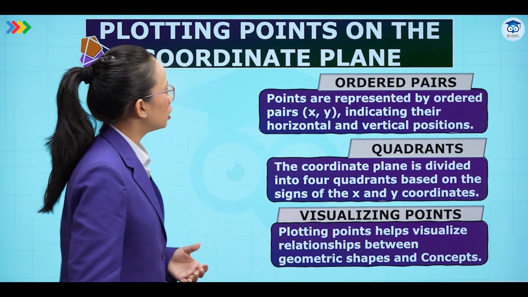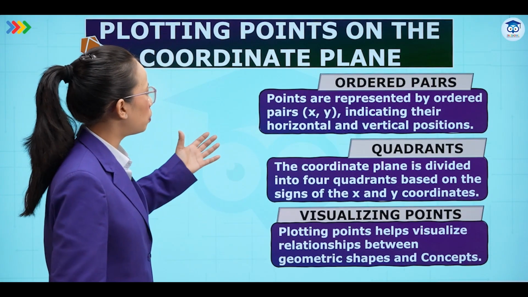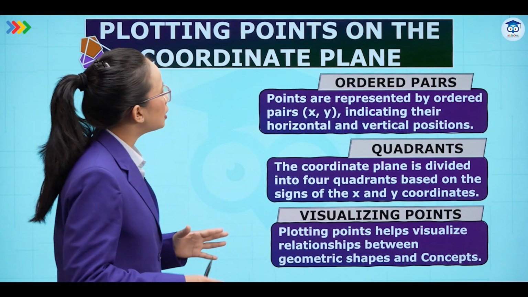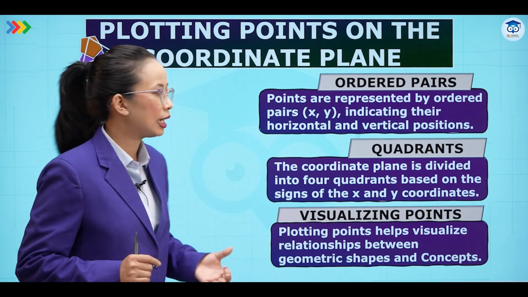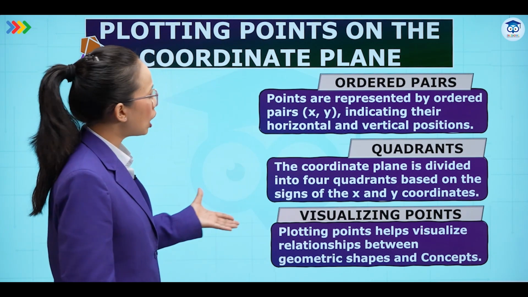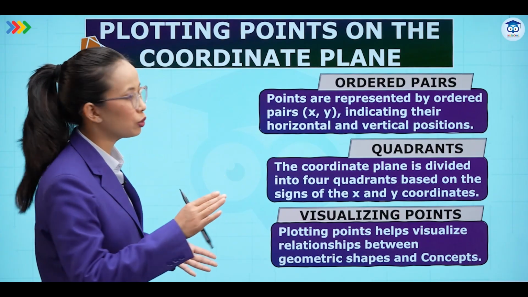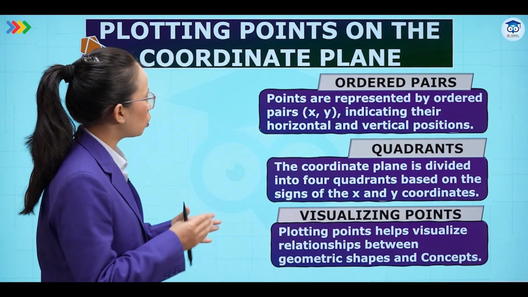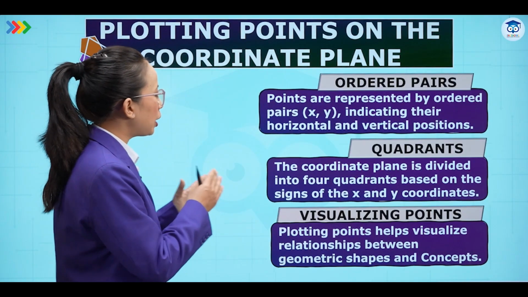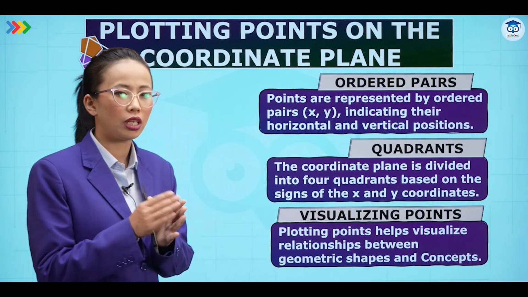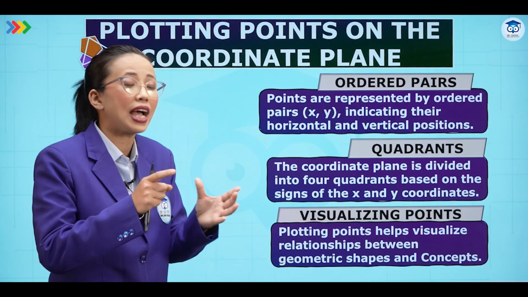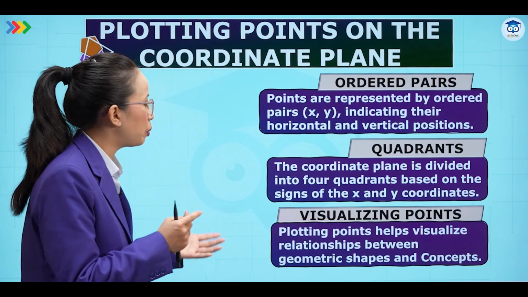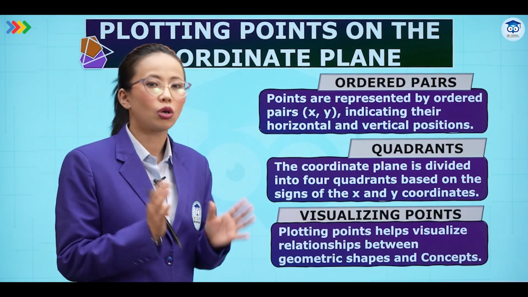It indicates their position from the horizontal line and the vertical line. Now quadrants we have learned, it divides into 4 parts, right? And the visualizing point is that plotting points helps us visualize the relationship between the geometrical shape and the concept.